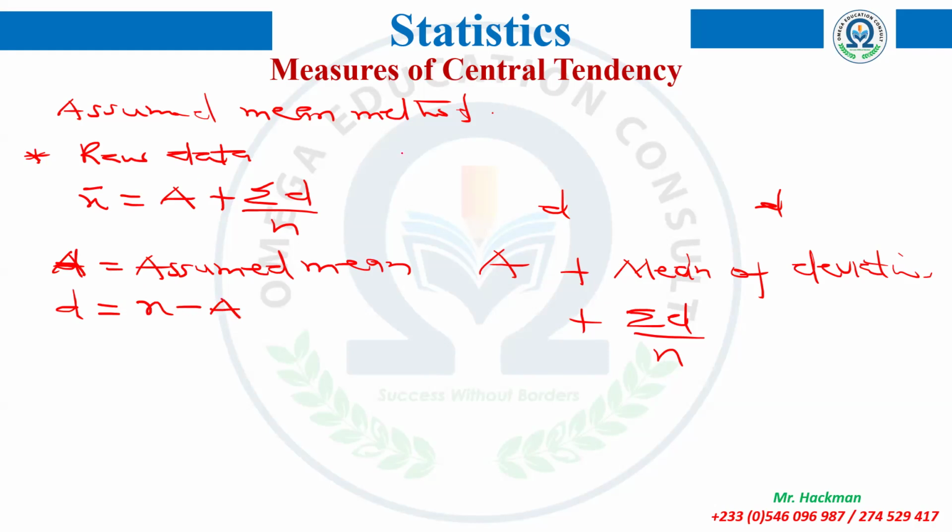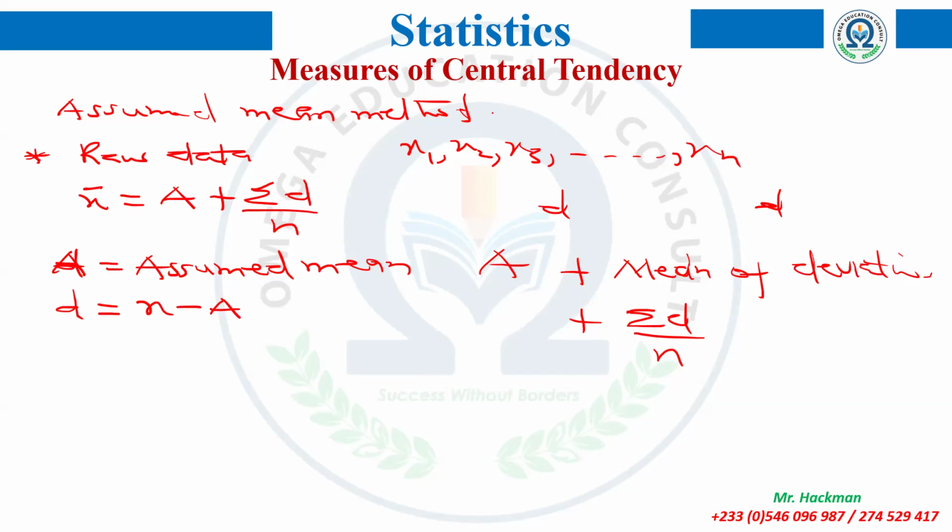Here I'm dealing with raw data, so I'll be given X sub 1, X sub 2, X sub 3, up to X sub n. Each X, you subtract the assumed mean from it, then sum your results, divide by n, and add it to the assumed mean. It will always give you the exact result as your true mean.